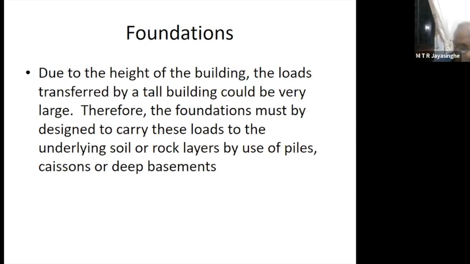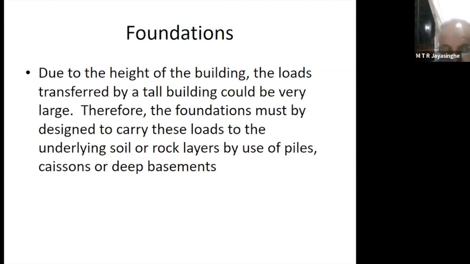But the beauty is, even if there are weak pockets, still the raft will not tilt. It will retain its shape, and generally in pile rafts, the maximum deflection in the raft foundation occurs in the center, and you will get a concave type shape with the maximum deformation towards the center of the building.